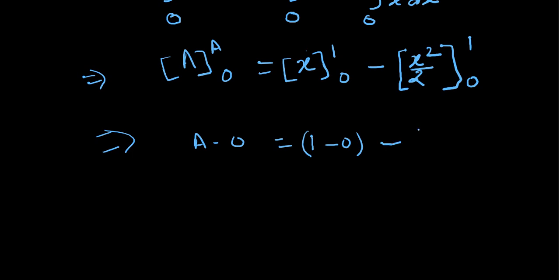Then further we will simplify. A is equal to 1 minus 1 by 2, and this is equal to 1 by 2. Area is equal to 1 by 2.